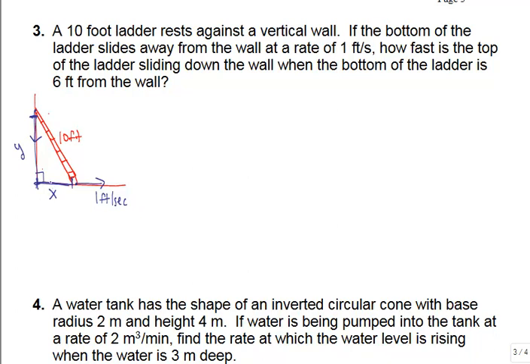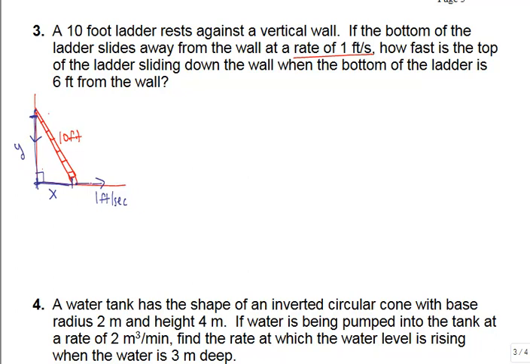So that's what we're going to use to relate these variables. But before we get to that, let's label all the different rates and values that we know. So we already know that this hypotenuse is that 10 feet. We've already labeled that. Then it tells me that the bottom of the ladder slides away from the wall at a rate of 1 foot per second.